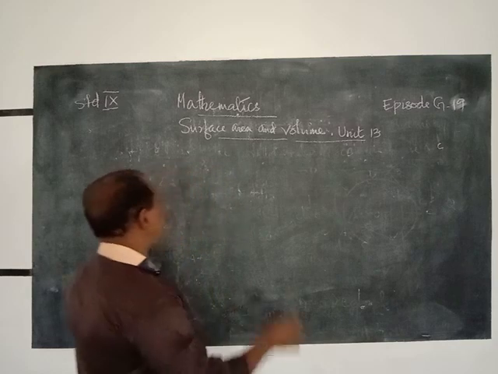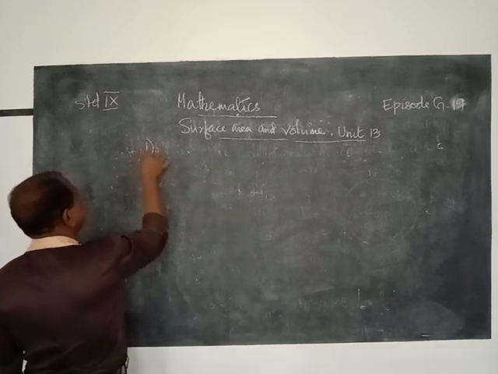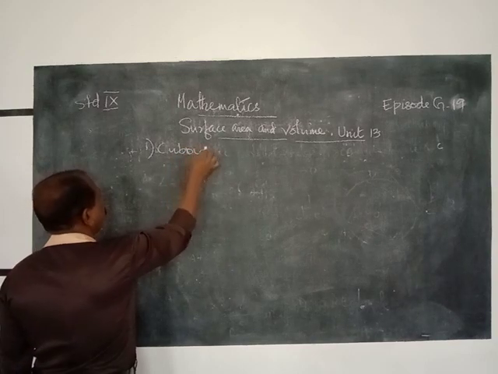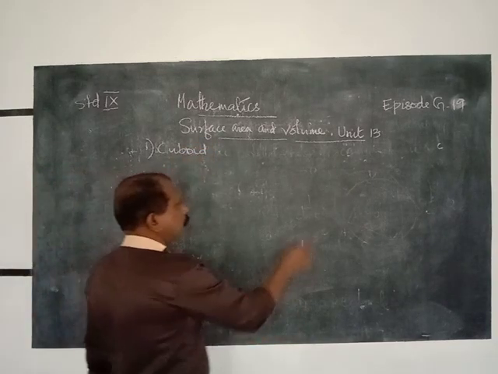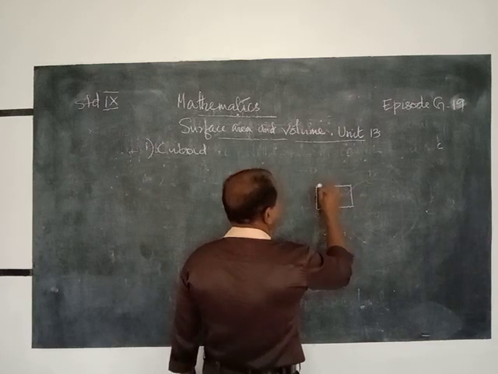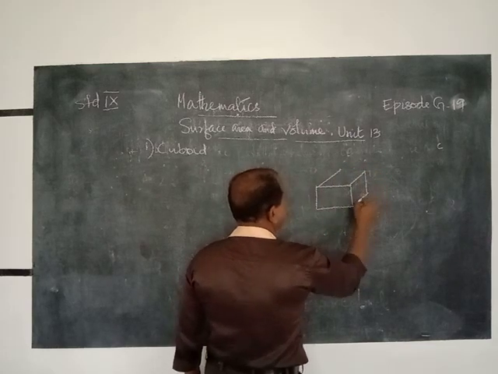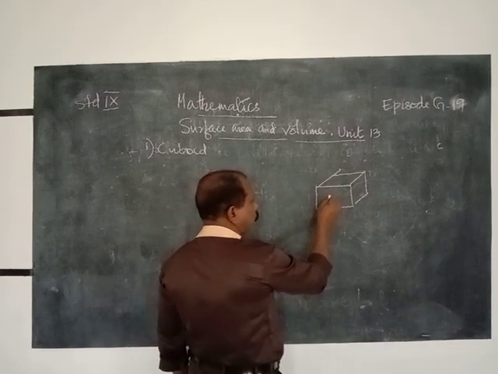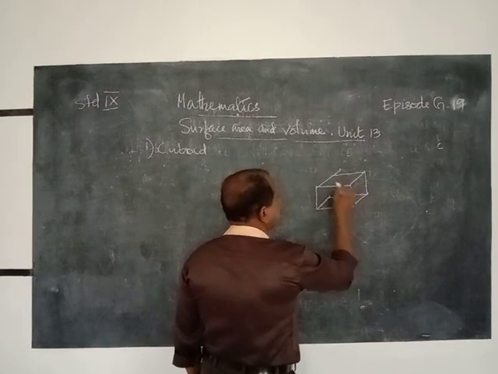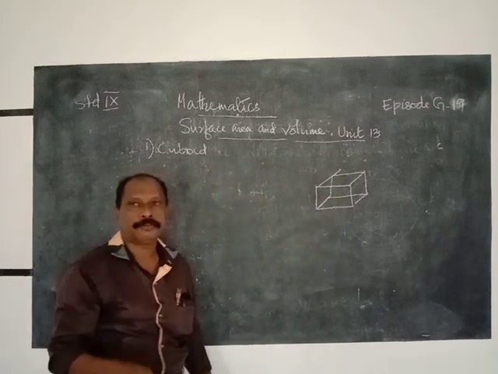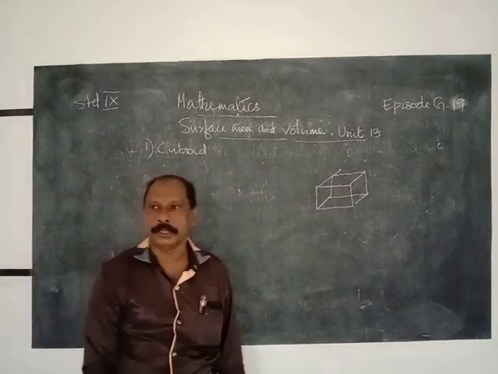This is a cuboid. That means this is the short figure for that one. How many surfaces? There are two base surfaces. The roof of this classroom is also a cuboid.